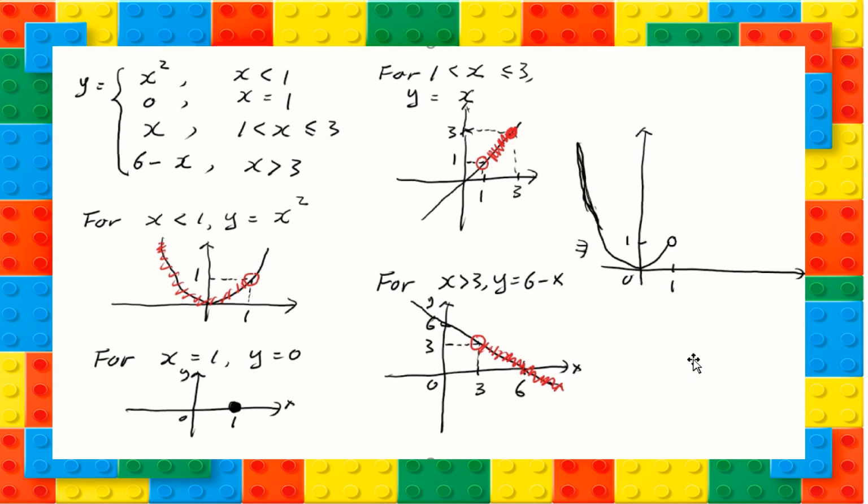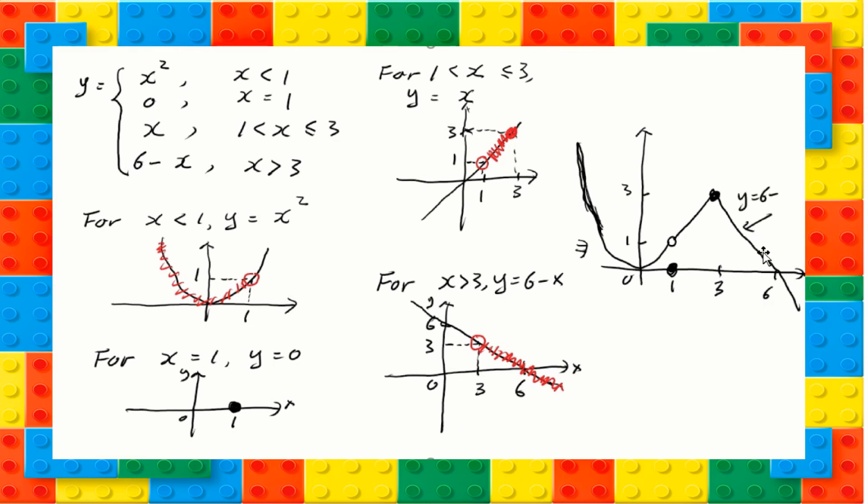So next, when x is equal to 1, y is equal to 0. That is a coordinate point. Then when x is from 1 up to 3, not included 1 but included 3, so this is a straight line. Then after that, for x greater than 3, that is another straight line taken from the fourth graph.